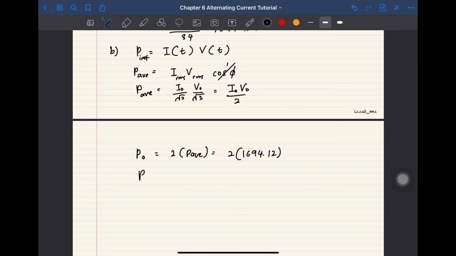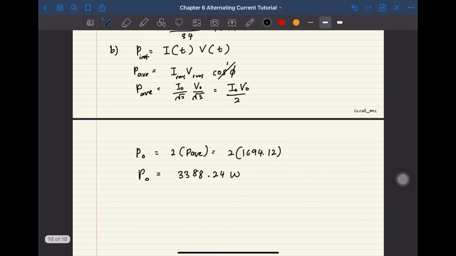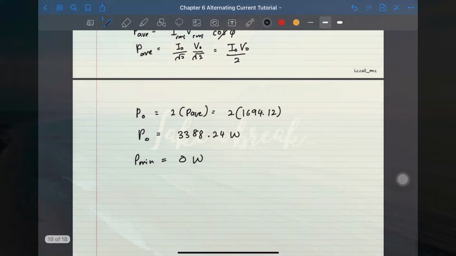So here I got P max, or what I write here as P naught, 3388.24, and the unit will be watt. Okay, so the P minimum is equal to 0 watt. Okay, so thank you.